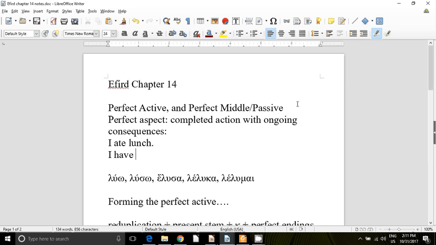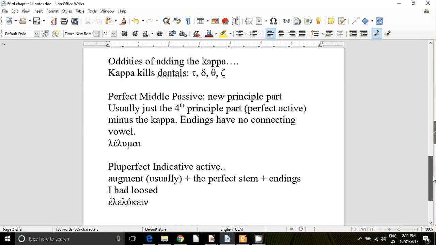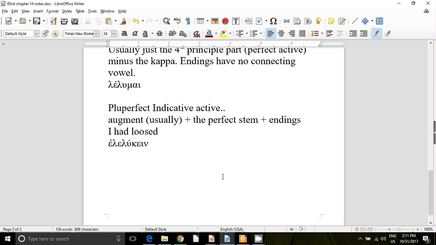But you have to say, well, I've already eaten lunch. I have eaten lunch. The idea is I ate lunch in the past and I'm still full. Past action with ongoing results. One way to think of the perfect. And then the pluperfect is one step in time before that. By this time yesterday I had eaten lunch.